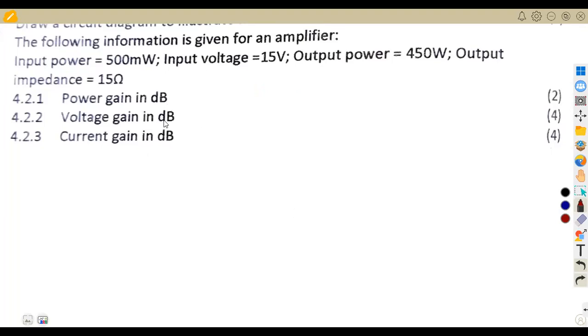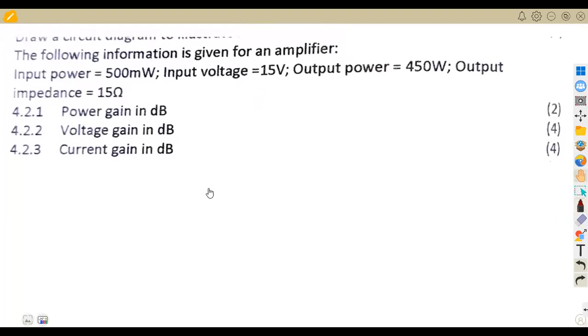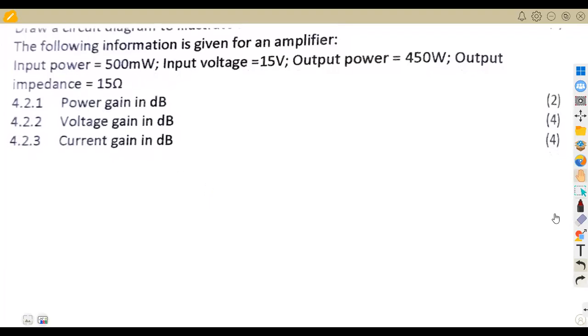All right, so let us just quickly have this. We do not waste much time. We had this from our N2. Given the following information for an amplifier: the input power, that is 500 milliwatts, with a small letter m for the milliwatts.